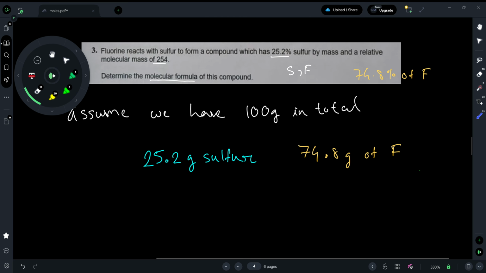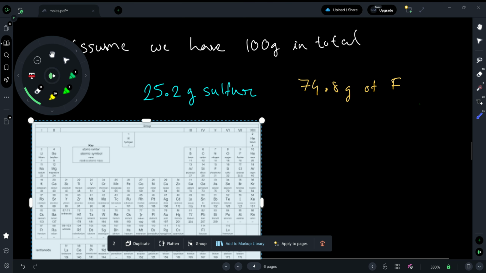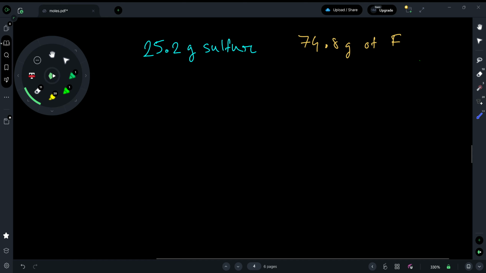And here is the periodic table. It's blurry, so let me take it again. Okay.